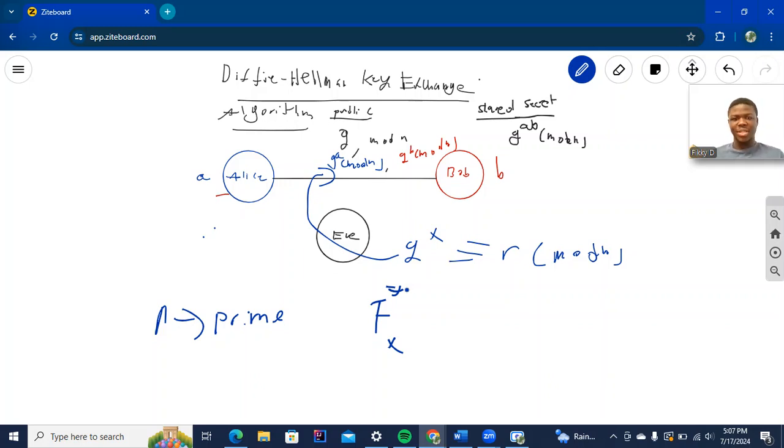I literally learned what finite fields were a few days ago, but it's basically saying mod. So in the Diffie-Hellman key exchange algorithm, you need to work in a finite field.